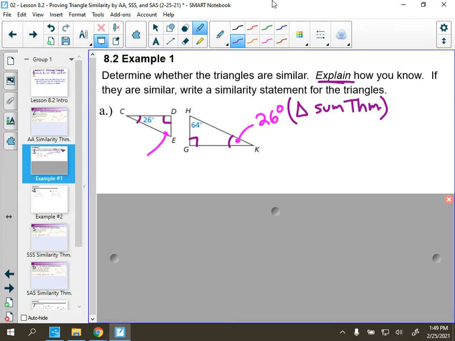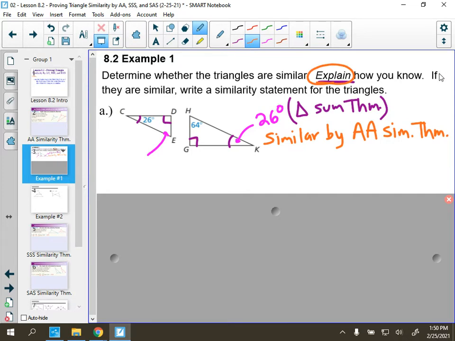Now, to wrap this up, are these similar? Yes, similar by the AA similarity theorem. We can abbreviate, for sure. All right, so that's my explanation. I've justified the one pair of angles that I had to come up with.